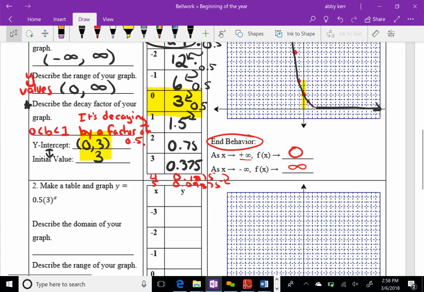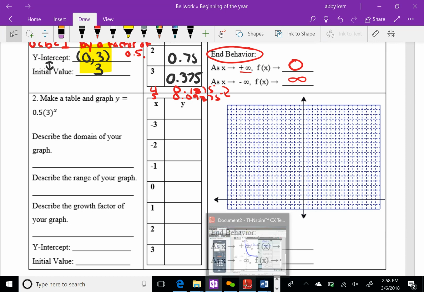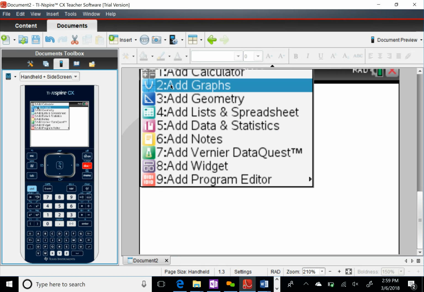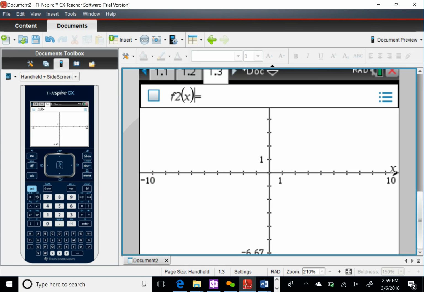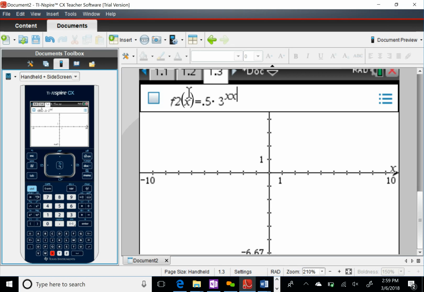Now you're going to do the same thing for number 2. So for number 2, you're going to add graphs. So this right now is 0.5 times 3 raised to the x power.